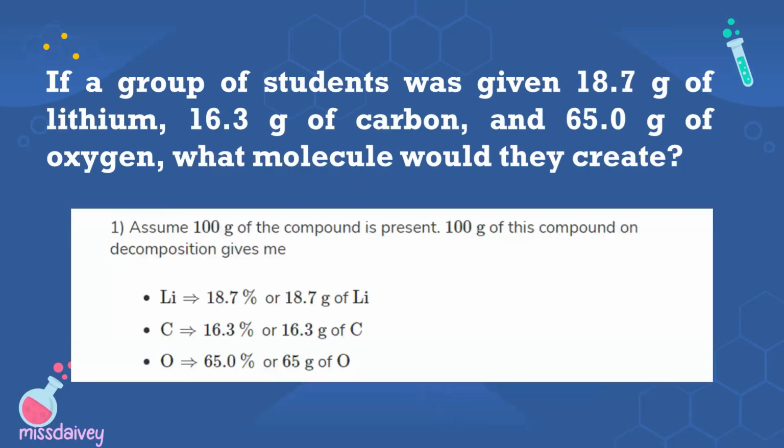Assume 100 grams of compound is present. 100 grams of this compound on decomposition gives me Li, lithium, 18.7% or 18.7 grams of lithium, C, 16.3% or 16.3 grams of carbon, O, 65.0% or 65 grams of oxygen.